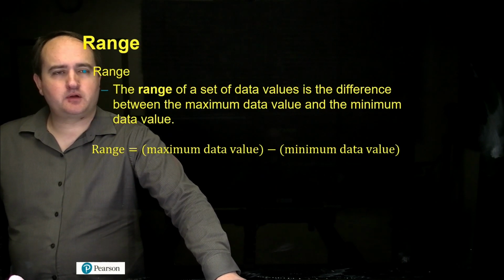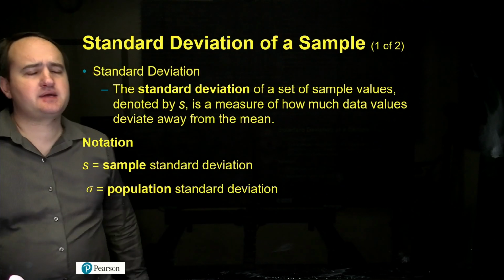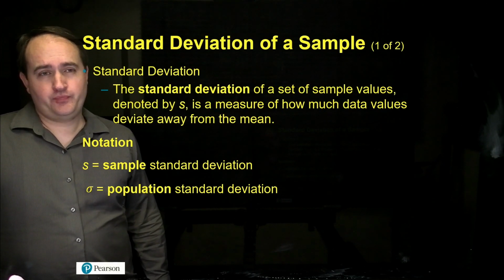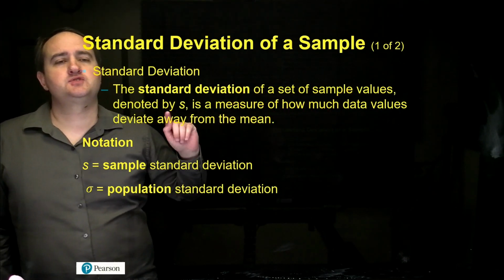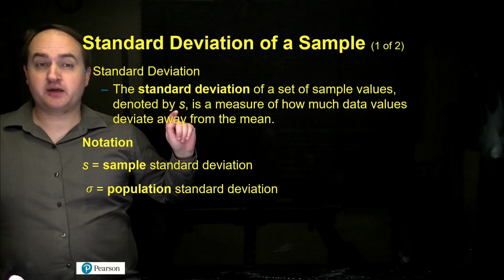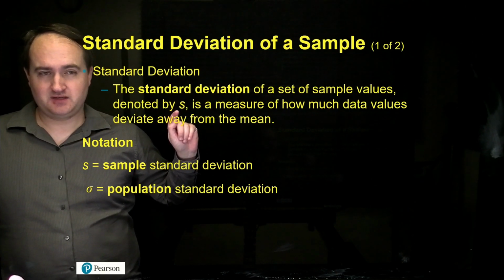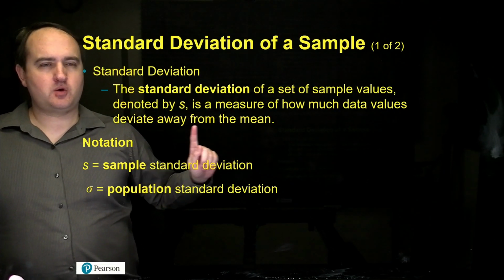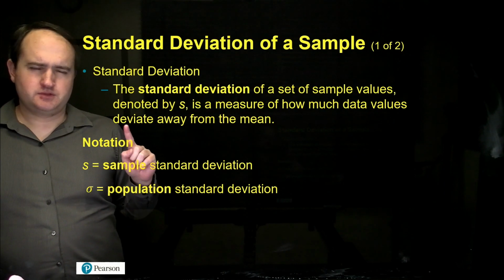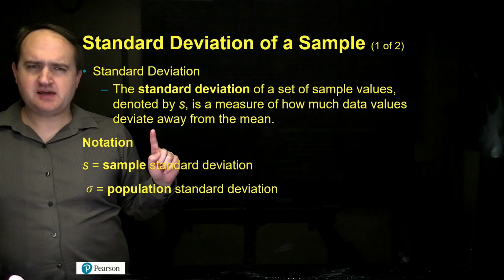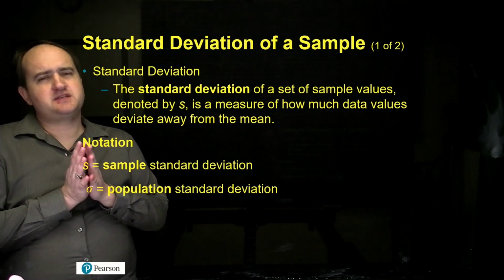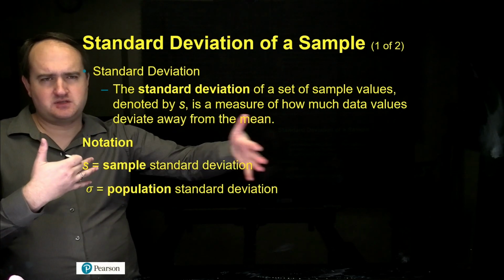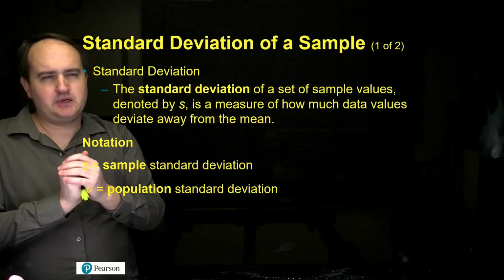Okay, so the next thing that we're going to learn about is the standard deviation. Now, the standard deviation of a set of sample values, denoted by S, here we're talking about the sample standard deviation, S, is a measure of how much data values deviate away from the mean. If you're not sure what the word deviate means, it essentially tells you the distance between the data values and the mean.